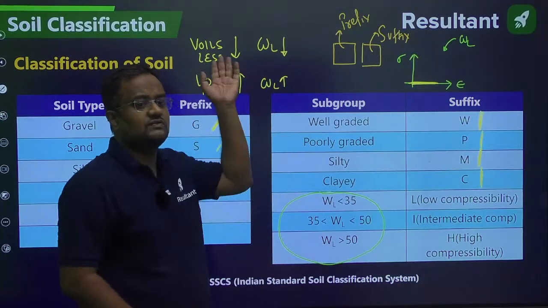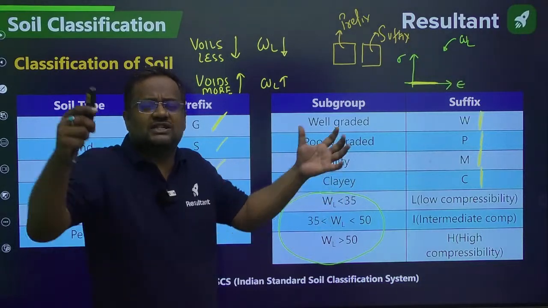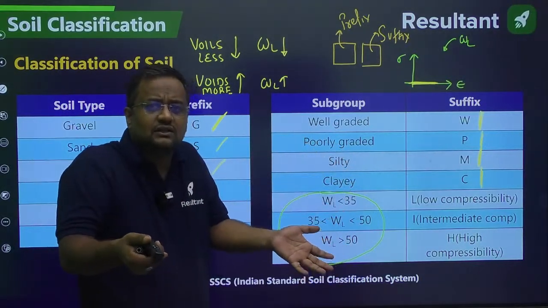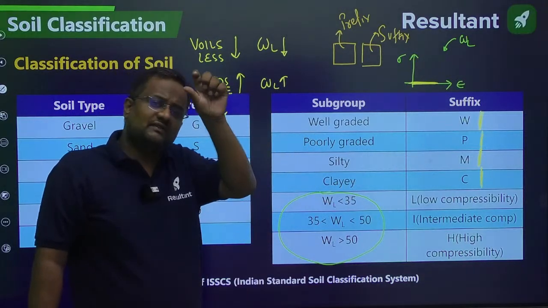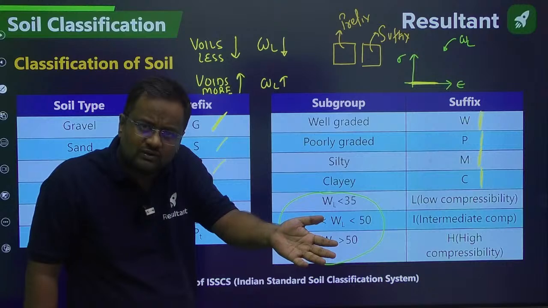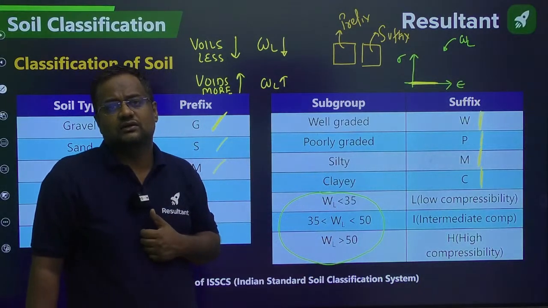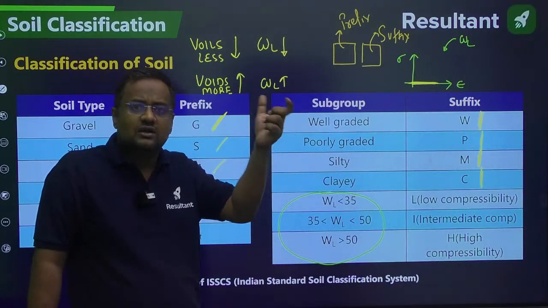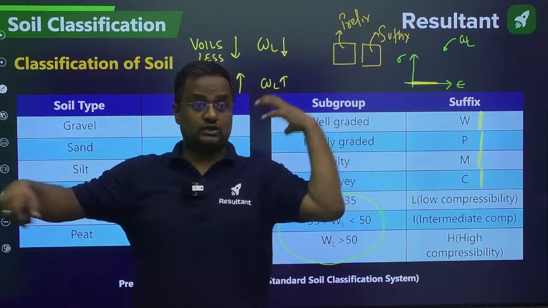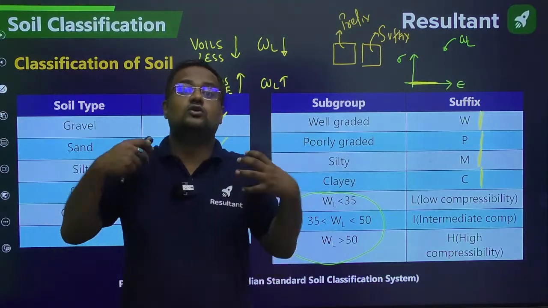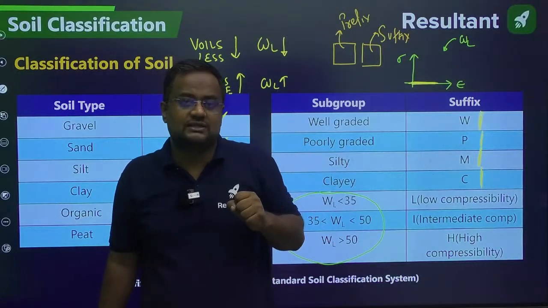If voids are less, the soil will be saturated with less water because voids are very few, and with further addition of water it will reach liquid limit. So less void means less liquid limit. A soil with lots of voids needs a lot of water to first saturate, and then with further addition of water it goes into the liquid limit state.